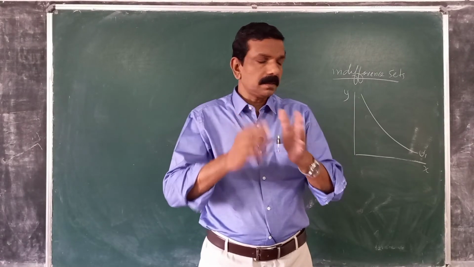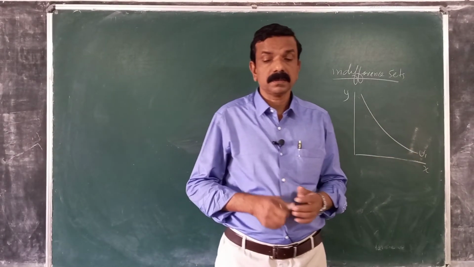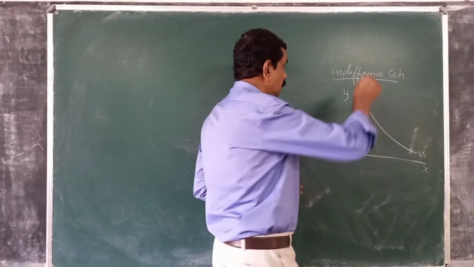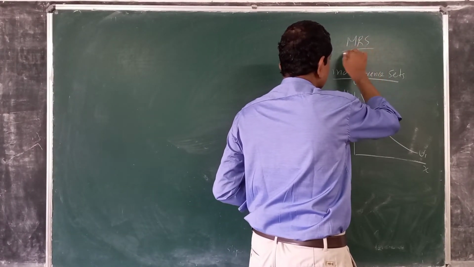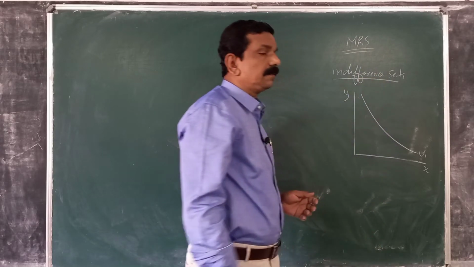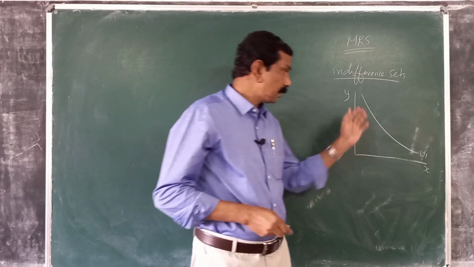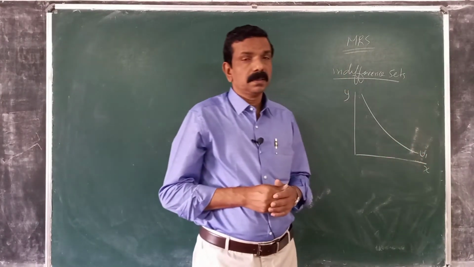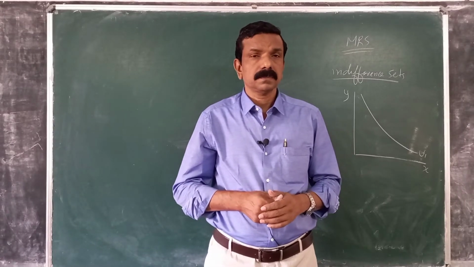Now, a measure of this substitution of y for x is known as the marginal rate of substitution. Marginal rate of substitution is the negative of the slope of the indifference curve.